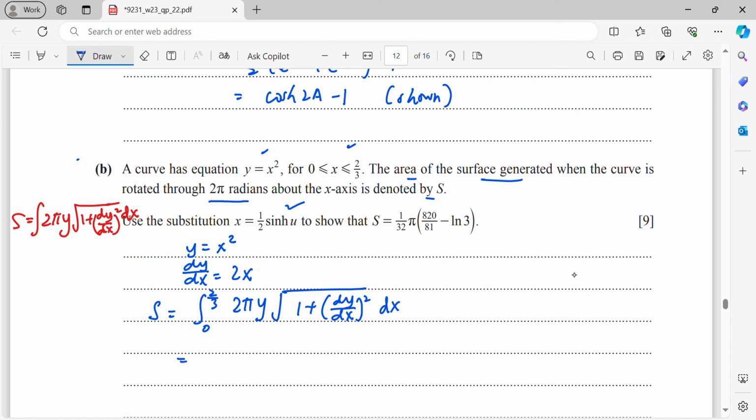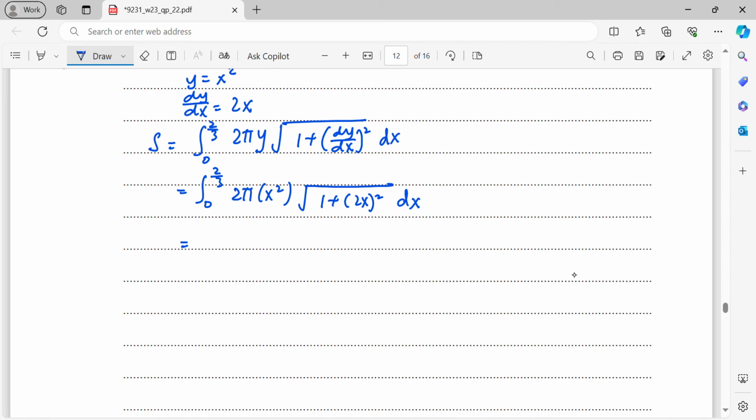And now I replace the values. 2 pi y is x squared, square root of 1 plus (2x) squared. Then this is going to be 2 pi, factorize the 2 pi because it is constant, times x squared times the square root of 1 plus 4x squared.